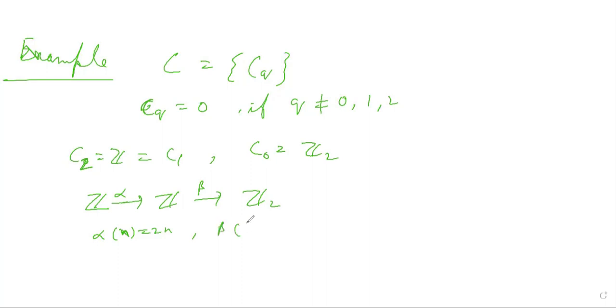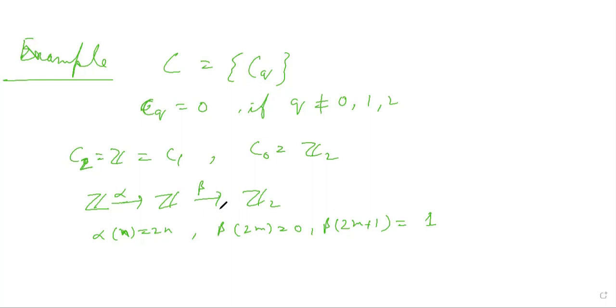Beta 2m equal to 0 and beta 2m plus 1 equal to 1. So we can define beta like this. So even integers go to 0 under beta, and odd integers go to 1 under beta.